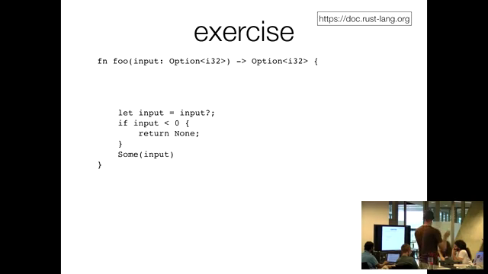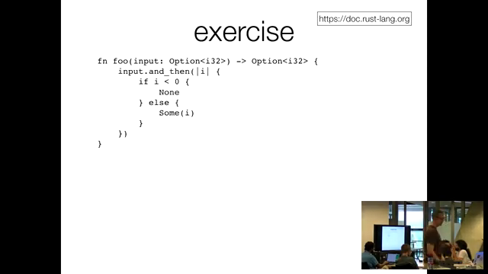But if we keep reading a little bit further down, then we see that we're then doing an if test, and we're going to return none, and otherwise we're going to wrap it all back up in a some. So that suggests that we can do even better. We can use the and then function that I talked about before, rather than the try operator. So this is doing an implicit check on whether it's some or none, and then we're returning none if we're less than 0.